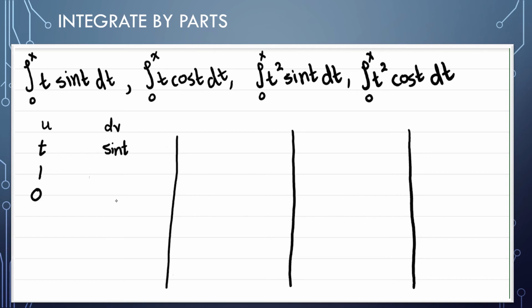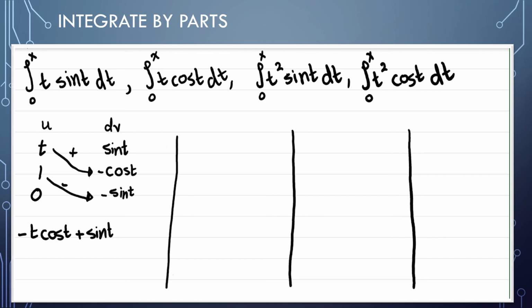Sine t integrated will give us minus cosine t, and then cosine will give us sine t, and the minus will remain, okay? And then we will multiply this term by that term. Here it will be positive, and here negative. So positive, negative, it will give us negative t cosine t, negative, negative, plus sine t.